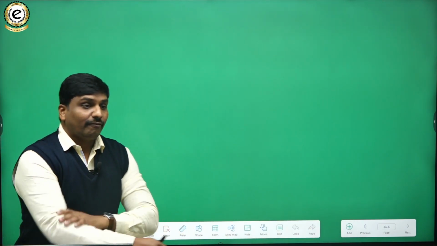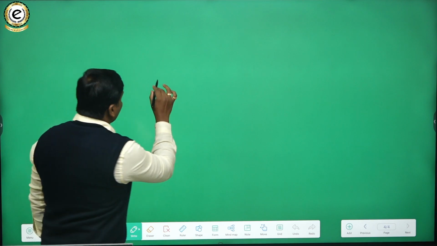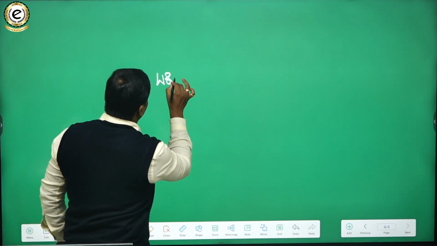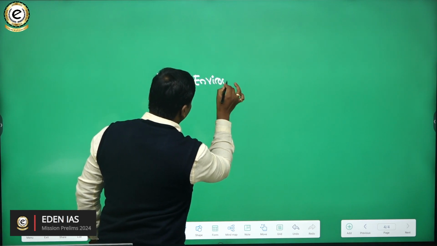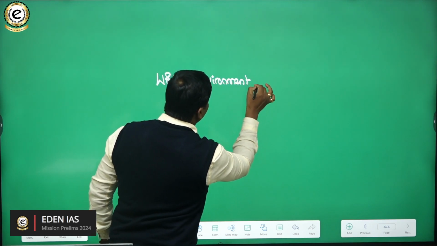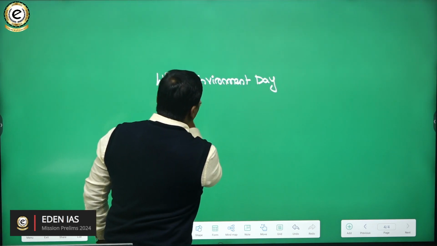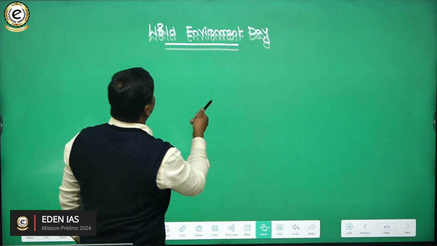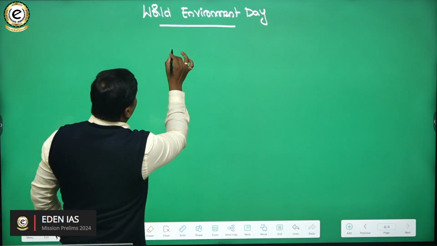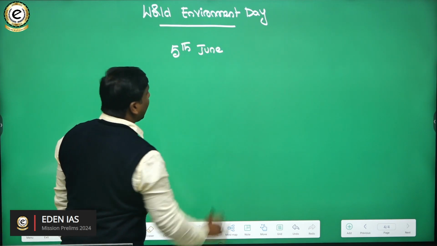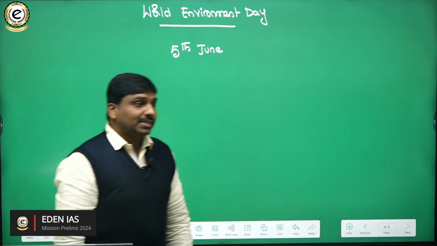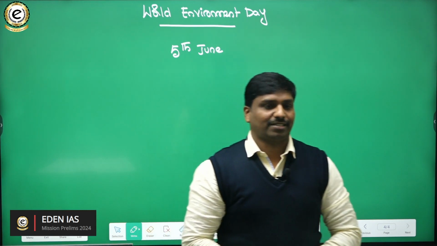which day is celebrated as World Environment Day? Yes, good. World Environment Day is celebrated every year on 5th June. Since which year are we celebrating this?